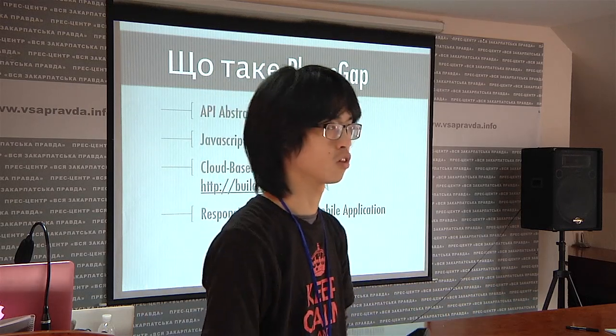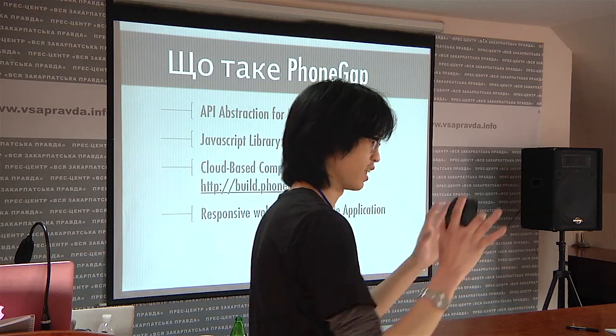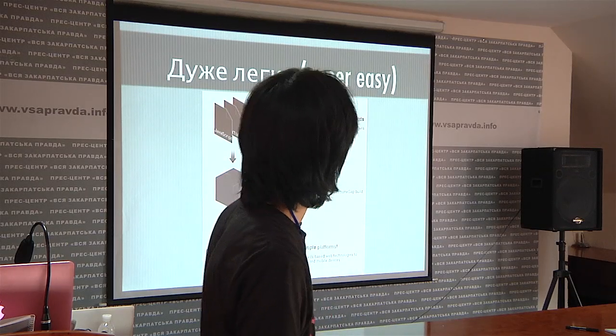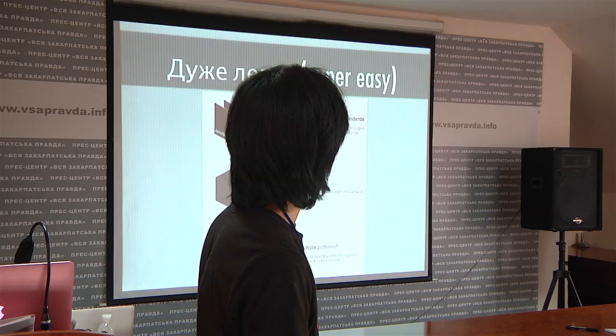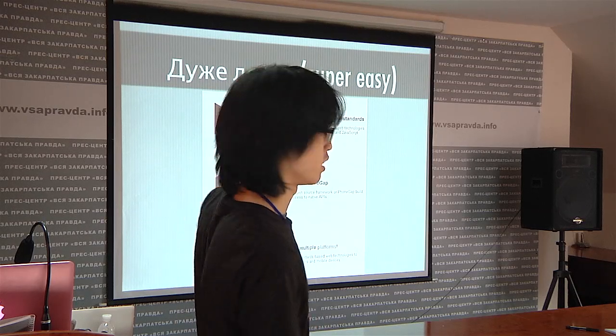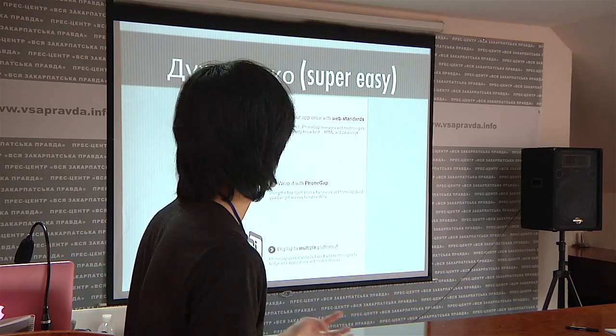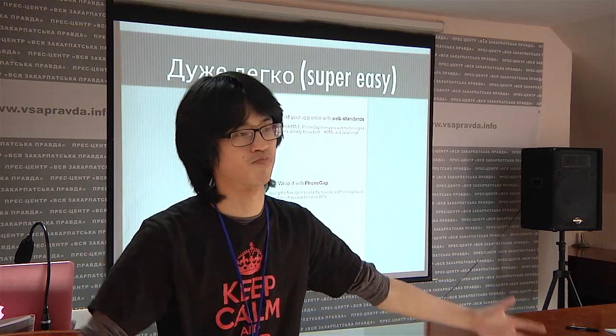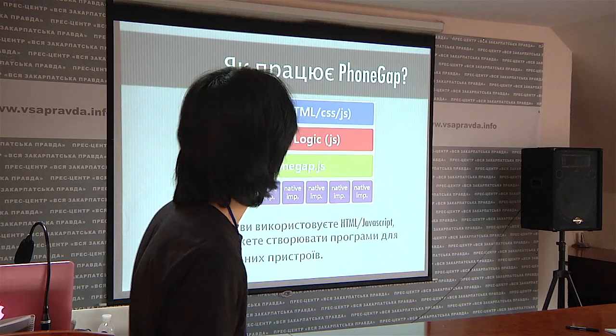To use it, you create a responsive web page, and this responsive web page becomes a native mobile application. It's super easy. What you do is you write CSS, HTML, JavaScript, put it inside the zip file, upload it, and it becomes an application.